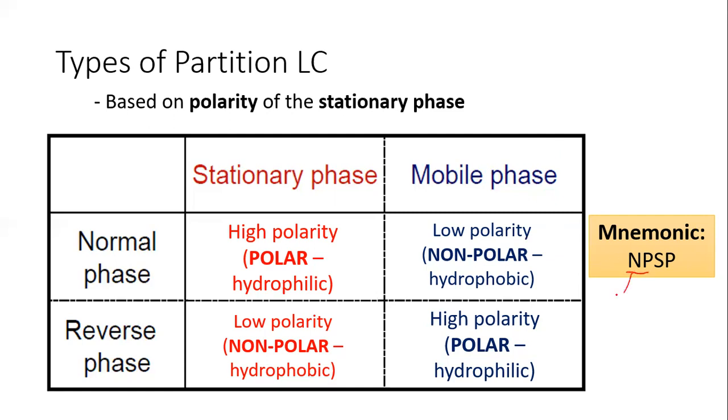So NP, normal phase, S is stationary, then P is polar. Okay? So kapag na-memorize nyo yan na the stationary phase for a normal phase is always polar, connect nyo na rin na pag reverse phase, non-polar naman yung stationary phase.